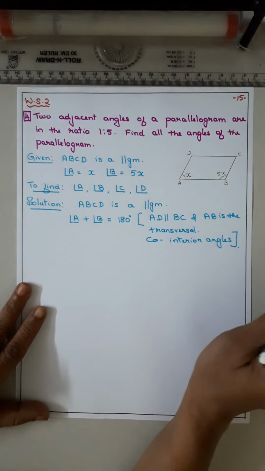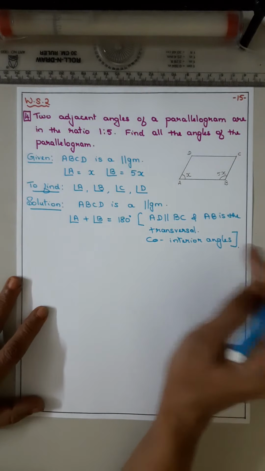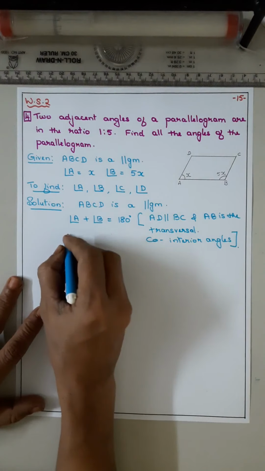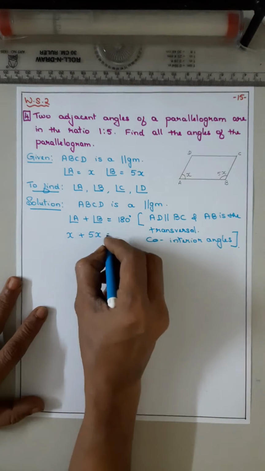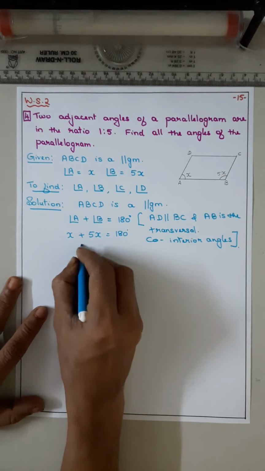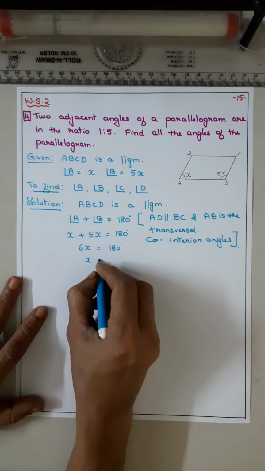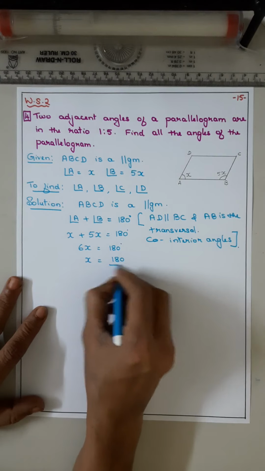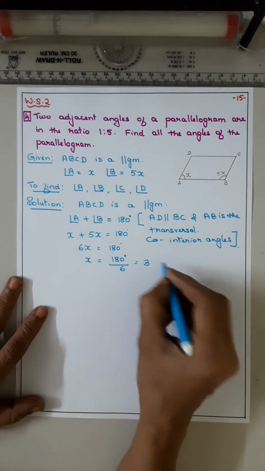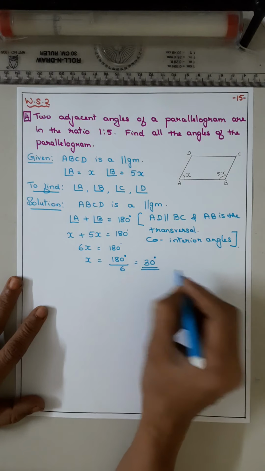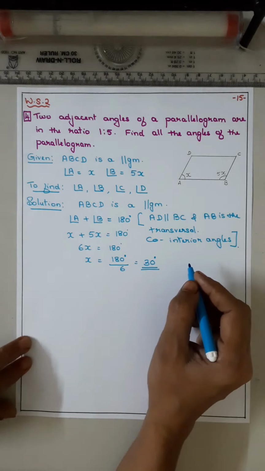Now angle A is x, angle B is 5x, so x plus 5x is equal to 180. That means 6x is equal to 180. x will be 180 upon 6. So x you got as 30 degrees.